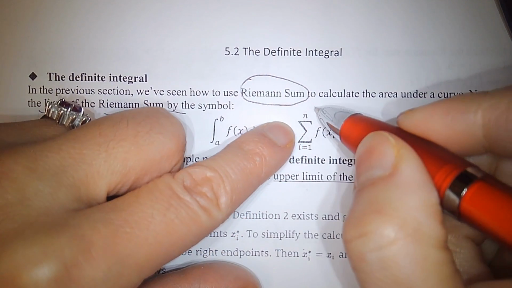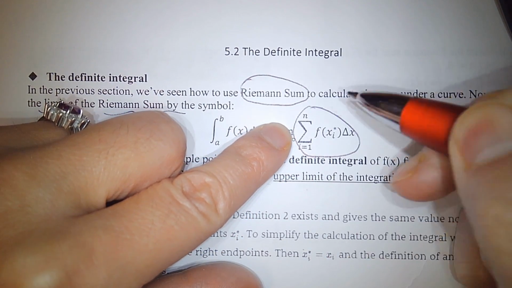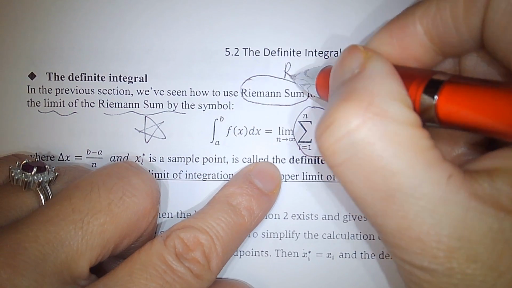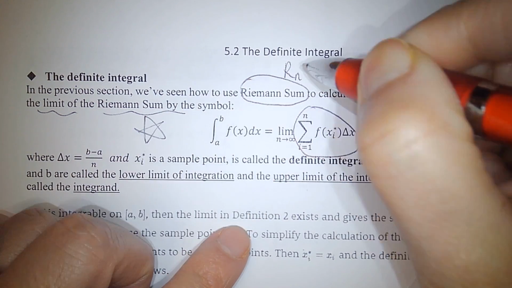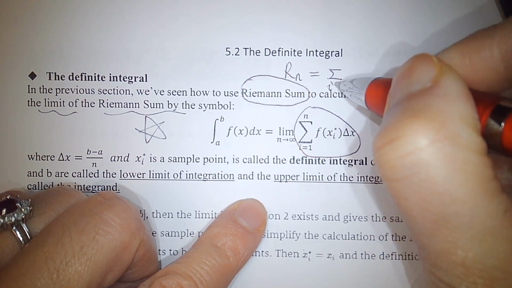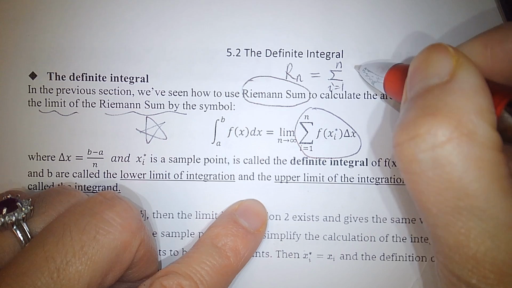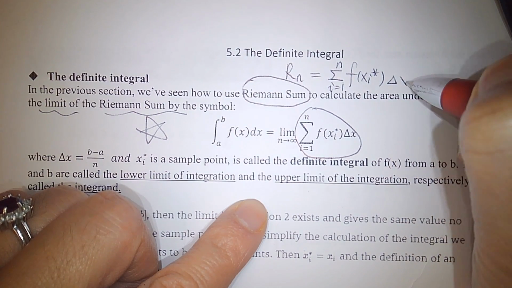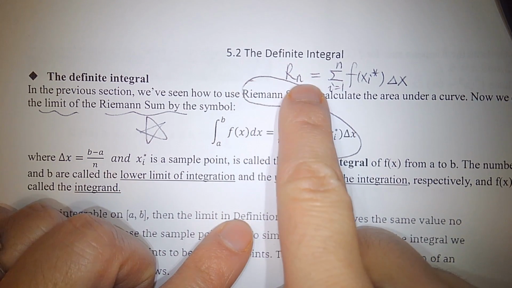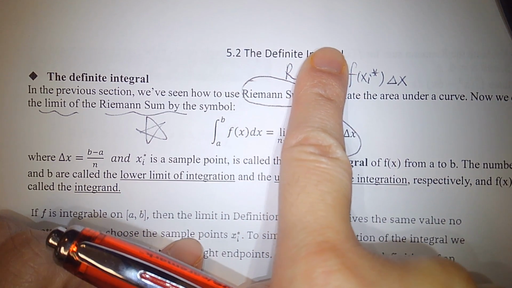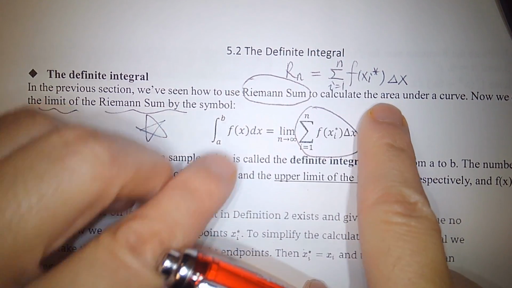So what is a Riemann sum? Later when we talk about Riemann sums, you have to know what it is. The Riemann sum R_n equals the sum from i equals 1 to n of f of xi star times delta x. It is a sum of rectangle areas.